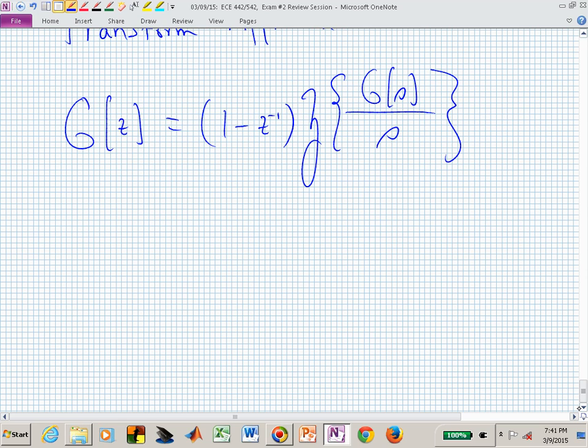And I would recommend that you get very comfortable looking at the tables and finding these expressions that might involve G of s over s, and you might be able to do a partial fraction expansion over those to more easily identify the terms that you want in that expansion.